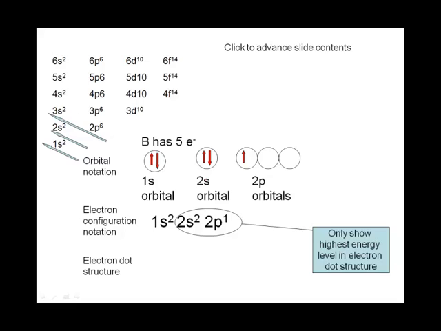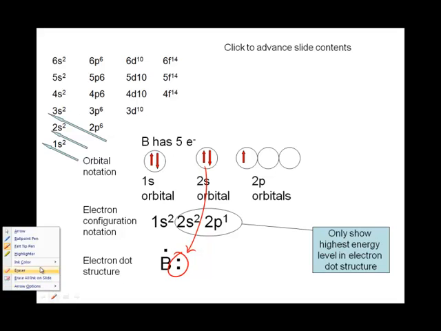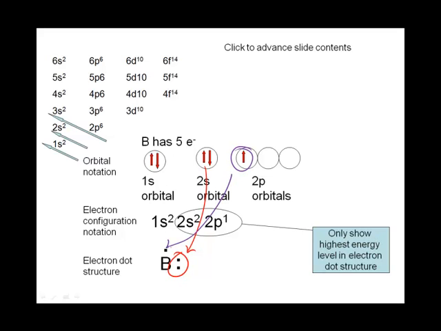So these 3 electrons go into the valence electron dot structure, and we showed 2 of them paired, just like those 2, and one of them by itself, just like that. And so the electron dot structure is tied closely to the orbital notation.